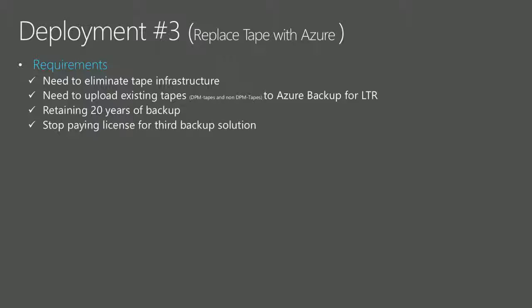And the existing tapes, we know that people before DPM appeared on the market had other third-party software. Anyone using other software here? Don't be afraid. OK, cool. We won't bite you. Then retain 20 years of backup, then stop paying license for third party. All right, this has a story.